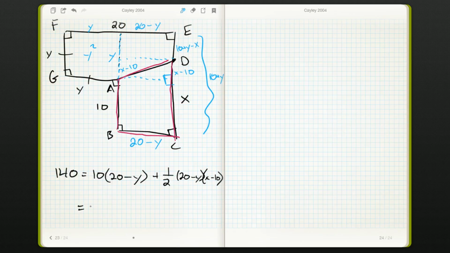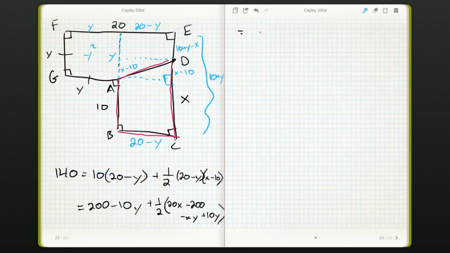So that gives me 200 minus 10y plus 1/2. Now we have to FOIL this out. 20x minus 200 minus xy plus 10y. And I can clean that up a little bit. I'll get 200 minus 10y, and then a half of 20 is 10x.